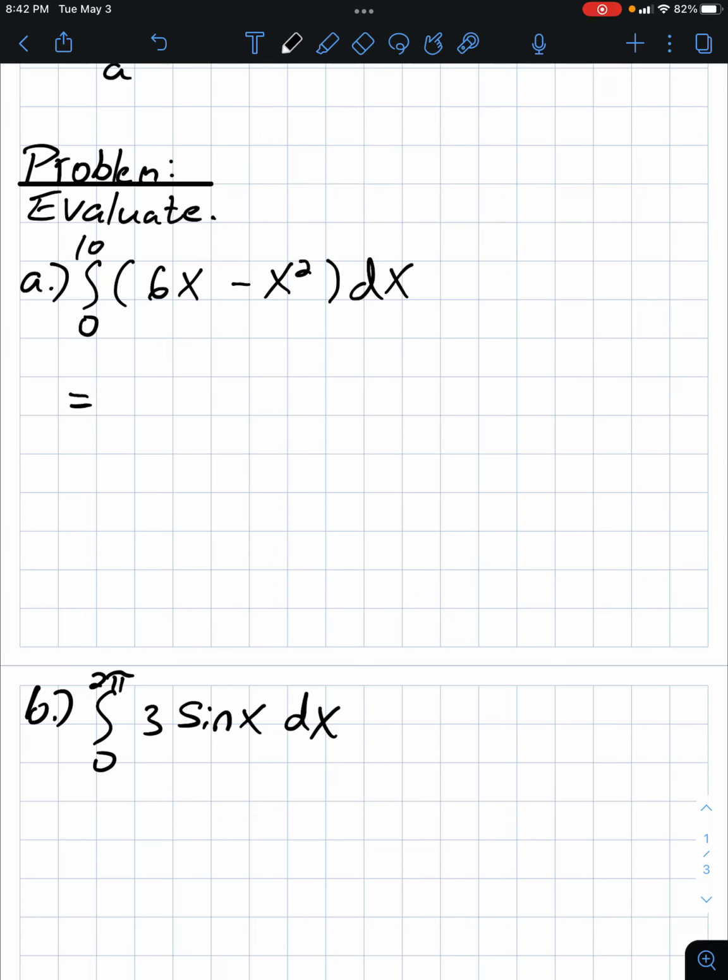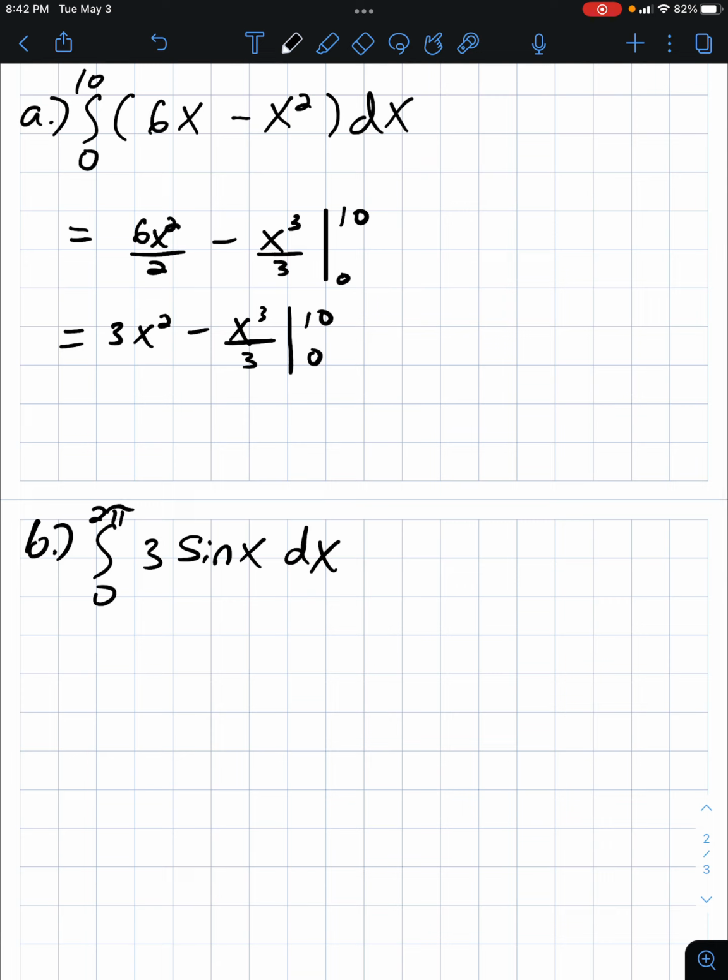The integral of 6x is 6x squared divided by 2, and the integral of x squared is x cubed divided by 3, from 0 to 10. So we can simplify this to 3x squared minus x cubed divided by 3, from 0 to 10.